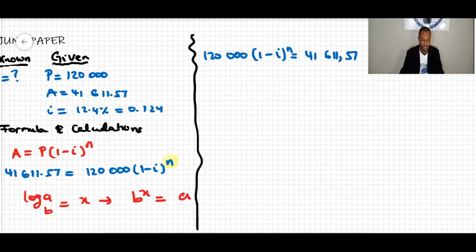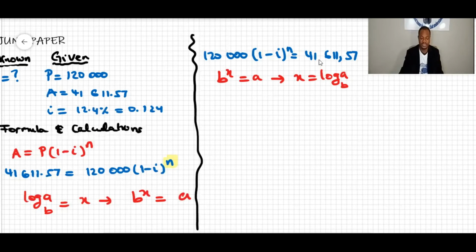Now, if I want to use my log property, I can also reverse the order so we can see it clearly. If b to the power of x equals a, this implies that x equals log of a base b.